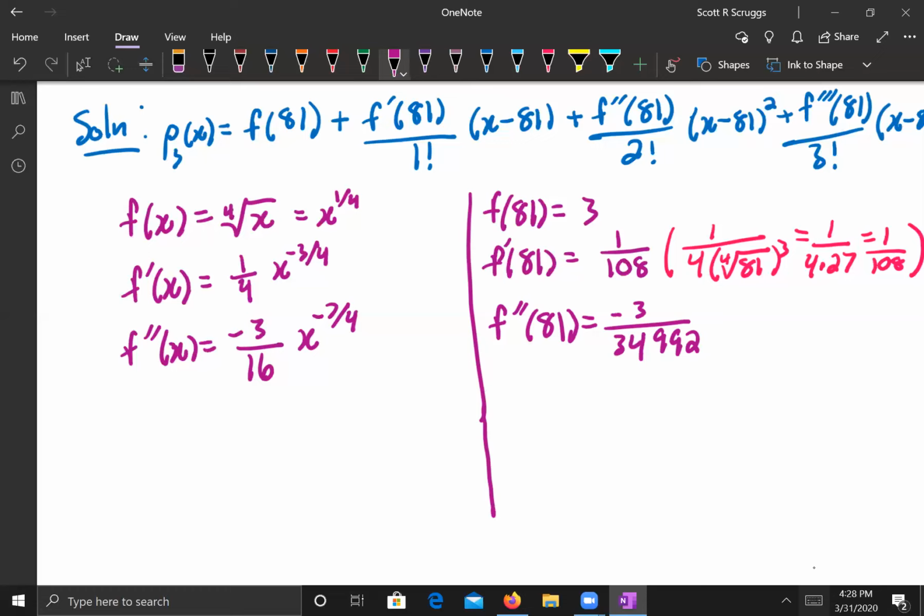So let's go ahead and finish this problem. So if I do the third derivative now, that's what I get for the third derivative by using the power rule.